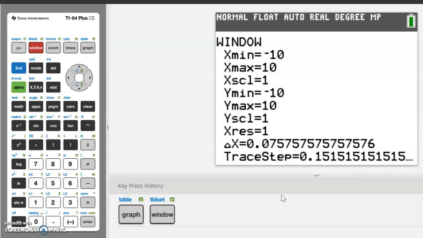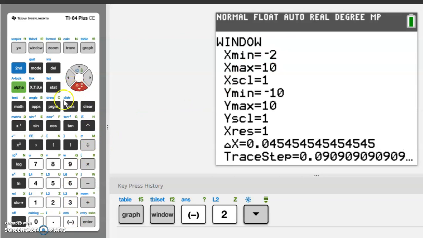Keep in mind, we were restricted to x values of -1 to +3 on our interval from our original question. So I'm going to make my window just a little bit bigger. I'm going to go -2 as my xmin and +4 as my xmax. The x scale is what you're counting by to get from -2 to +4, so it's okay that we're counting by ones in this case.